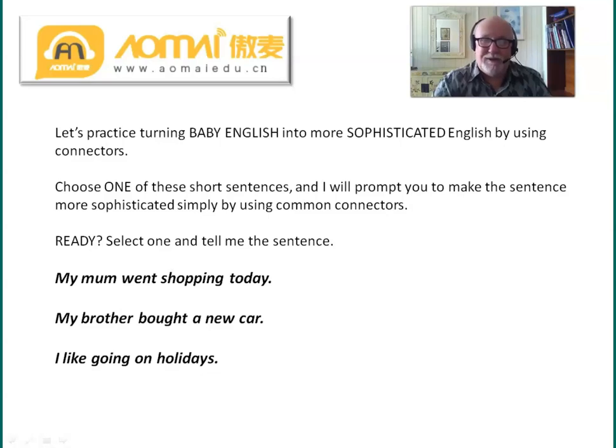You see, what did I do? I put a reason at the front, because we didn't have much food in our pantry, and then I used the basic sentence, my mum went shopping today, and, perfect connector, and she did something else, she bought me a shirt.